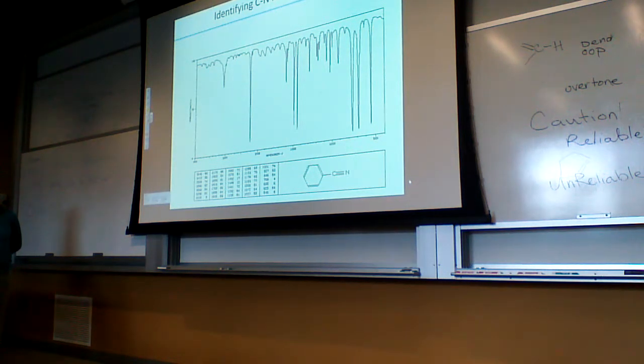The CN triple bond here is going to be just the one peak we're looking at, so look for that band right at 2200, 2250.